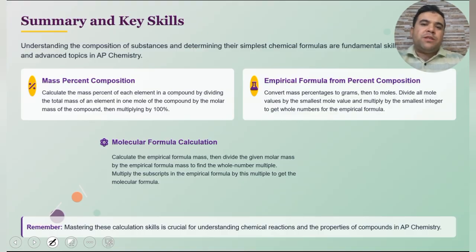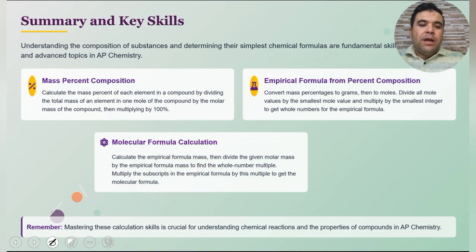Empirical formula represents the smallest ratio of the combination of atoms in a compound, the simplest form of a compound. And we solved the question on how to calculate the empirical formula. And then finally the molecular formula calculation, by using the empirical formula multiplied by n, which is a factor that should be calculated from the molar mass of the molecular formula and the empirical formula mass we have calculated.